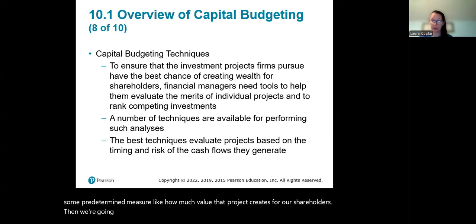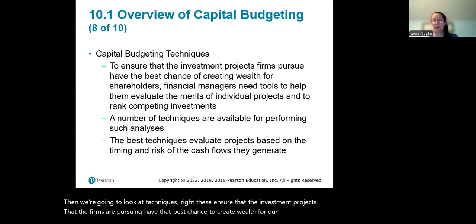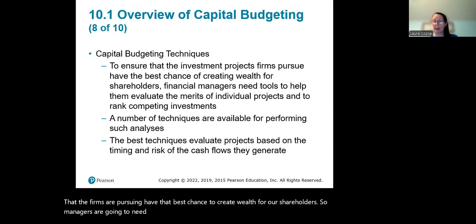Then we're going to look at techniques, right? These ensure that the investment projects that firms are pursuing have the best chance to create wealth for our shareholders. Managers are going to need tools to help them evaluate the merits of those projects and to rank competing investments.